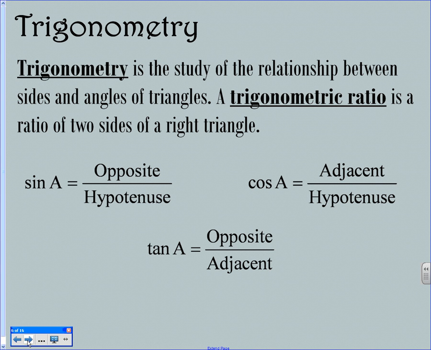Opposite over adjacent. Do you have to learn these if you've forgotten them from last year? Yes. If you forget them, what do you think is going to happen? Yeah, you're not going to do very well on these. And it's not going to just be one kind of problem. They're going to start showing up in all types of problems. Okay? So you do need to know these.